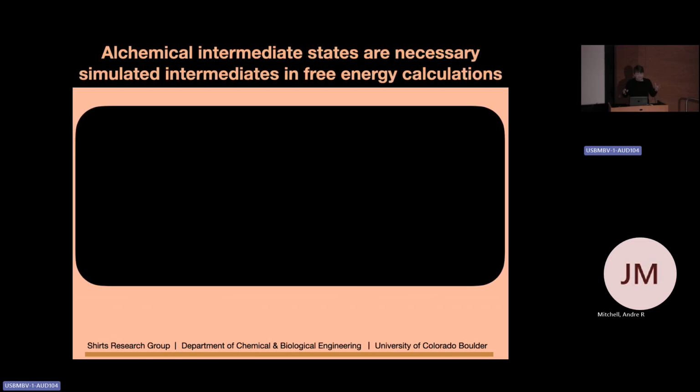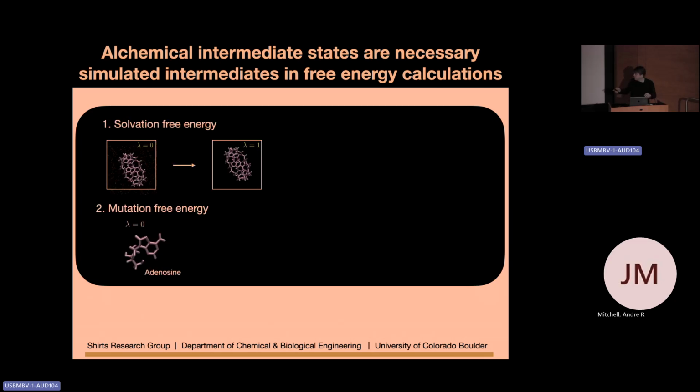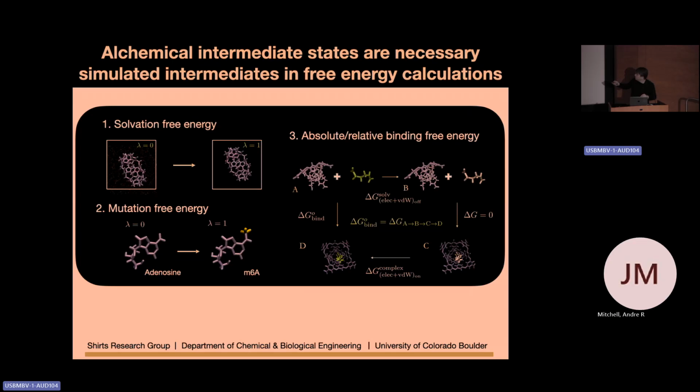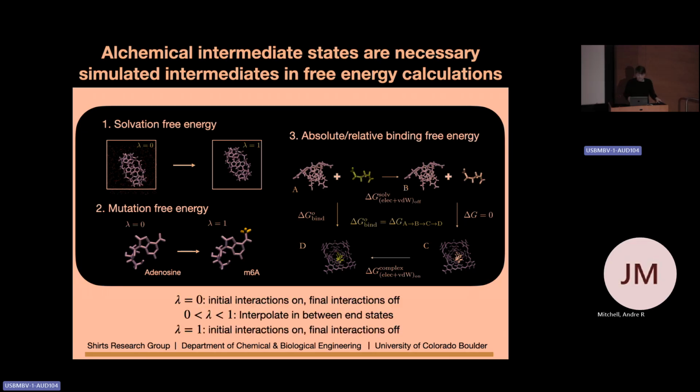So of course, alchemical intermediate states are necessary simulated intermediates in free energy calculation. If we're doing something like a solvation free energy, a mutation free energy to do some sort of relative binding free energy, and any sort of full free energy calculation, in order to calculate the ratio of probabilities and thus the free energy between the two end states, we have simulations and we can describe them with some coupling parameter.